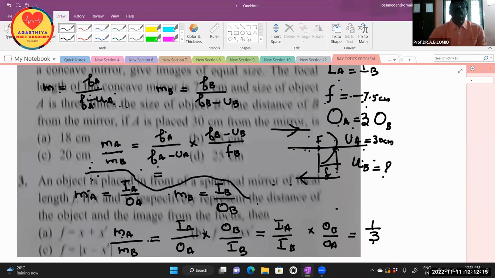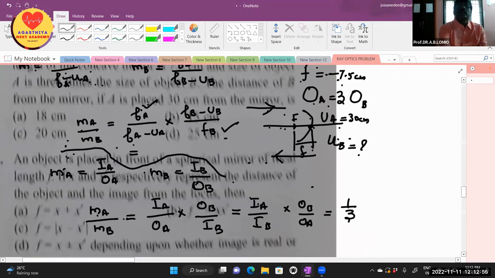In this problem, the focal length of the mirror for the objects A and B will be the same, because the same mirror is used for the two objects. The mirror is the same, but two objects are used. Therefore, FA should be equal to FB. Understand? We are using the same mirror, and F for a mirror is always constant, it does not change. So let us cancel FA and FB, and the expression becomes final.